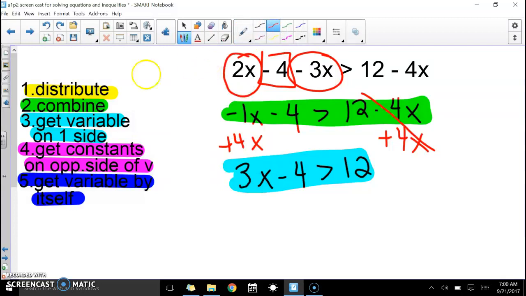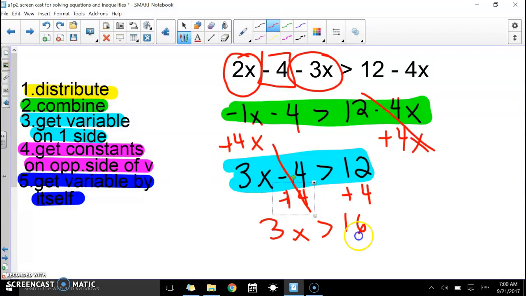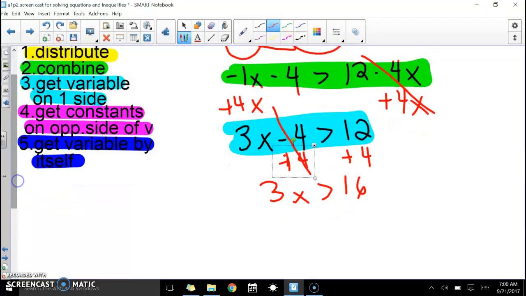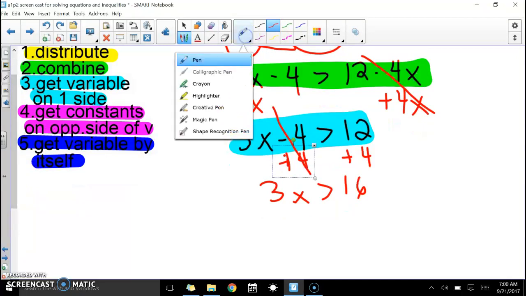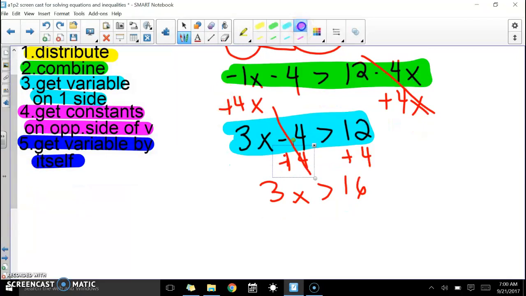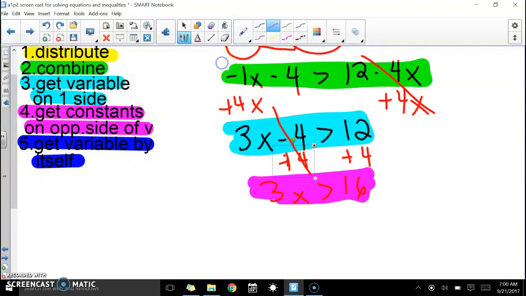Step 4 says get constant on the opposite side of the variable. Here's my variable. Here's my constant. So I need to add 4. Add 4. I'm left with 3x is greater than 16.